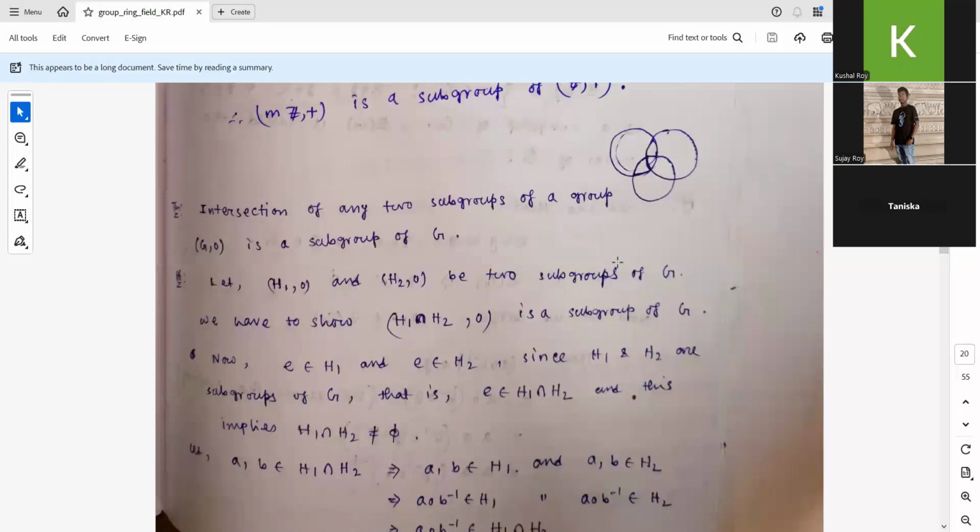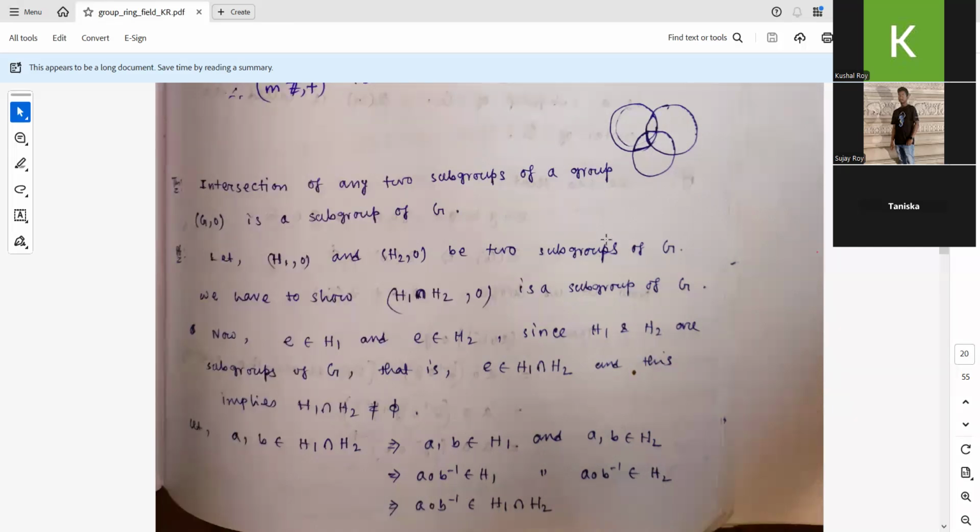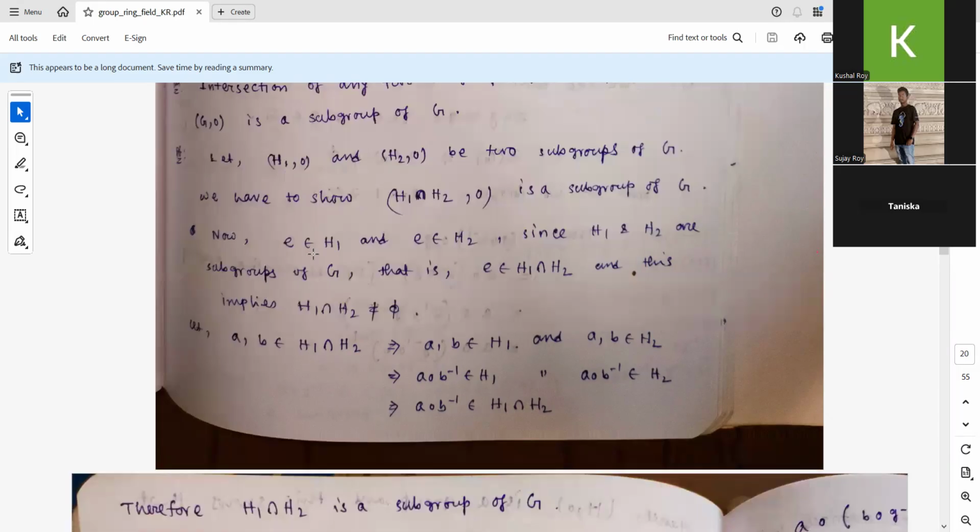Now our next theorem is: the intersection of any subgroups of a group is again a subgroup. So let us consider two subgroups, H1 and H2. We have to show that their intersection, H1 intersection H2, is a subgroup of G. So what we have to show? First, H1 intersection H2 is non-empty, and then that H1 intersection H2 is a subgroup of G. Since H1 and H2 are subgroups of G, the identity element of G belongs to both H1 as well as H2.